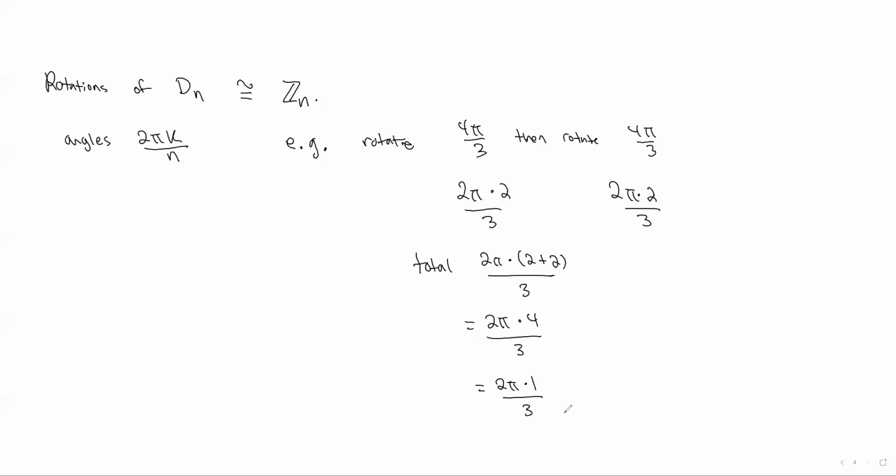So you're always doing mod n arithmetic whenever you're rotating by angles 2 pi k over n.